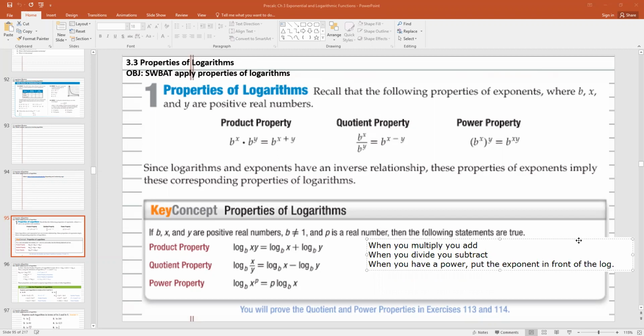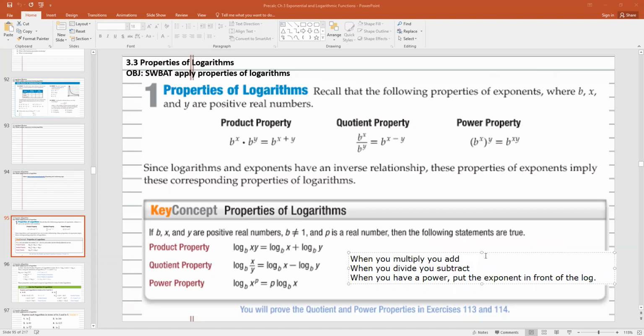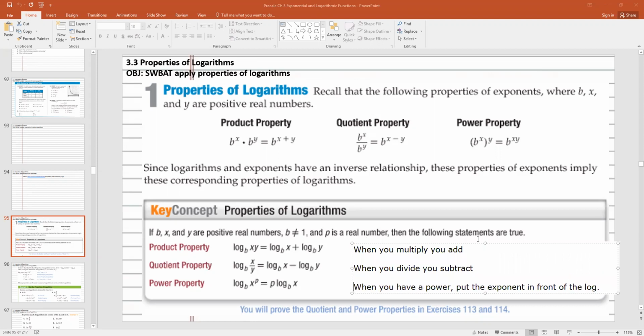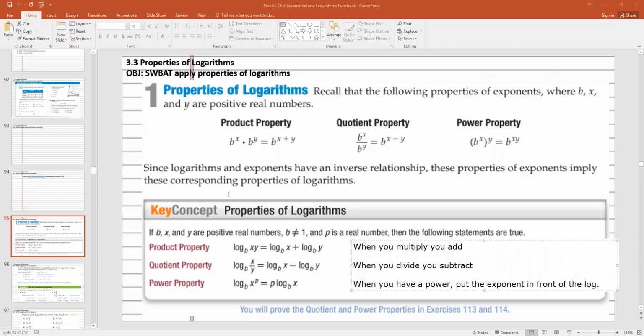All right, so that is the one that is different, that power property.